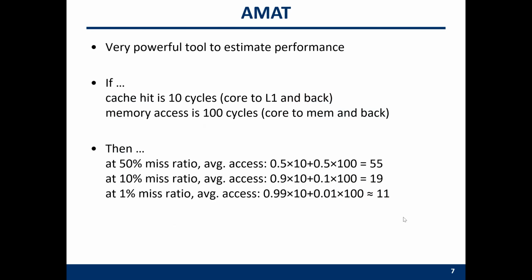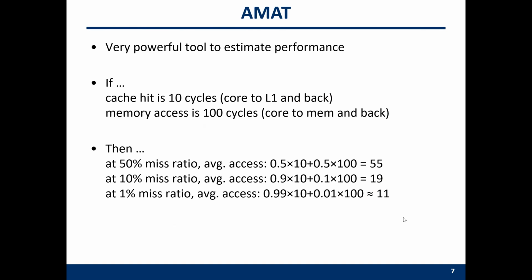So if your miss rate is 50%, 50% means you read the cache for 50% of accesses, and read the memory for the other 50%, and then sum them together. The value here indicates the average latency.